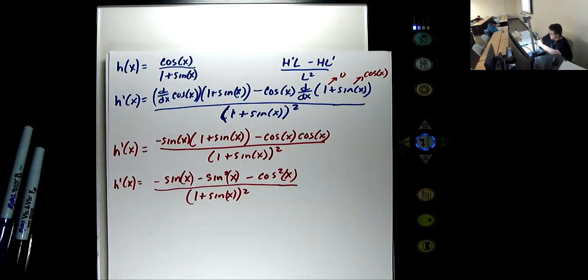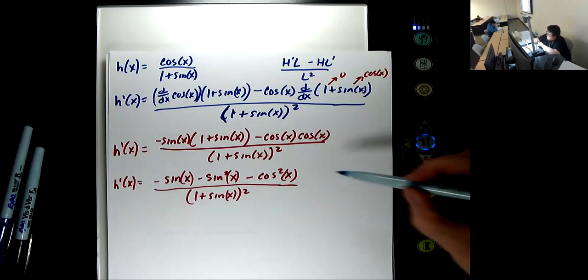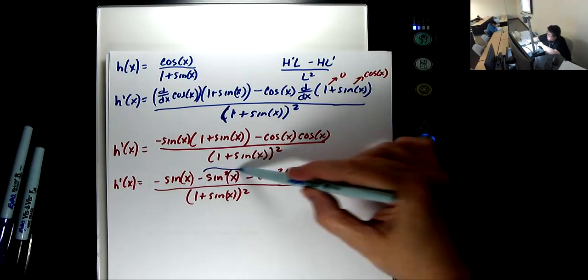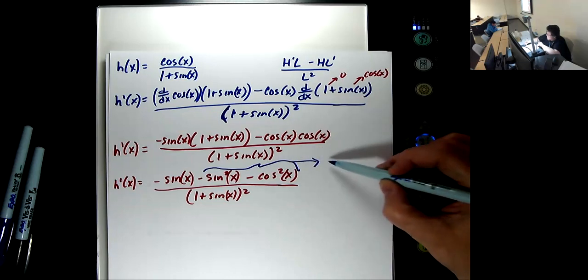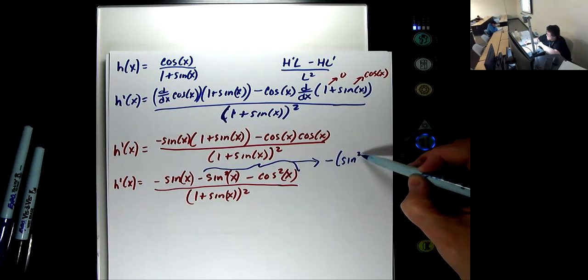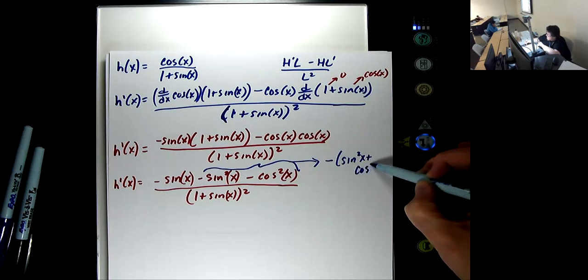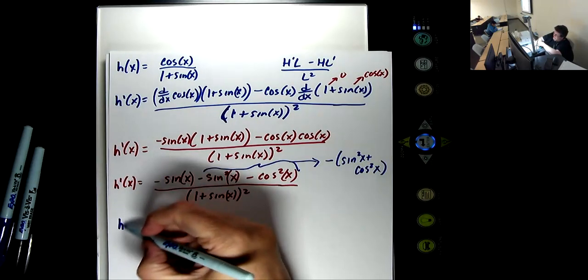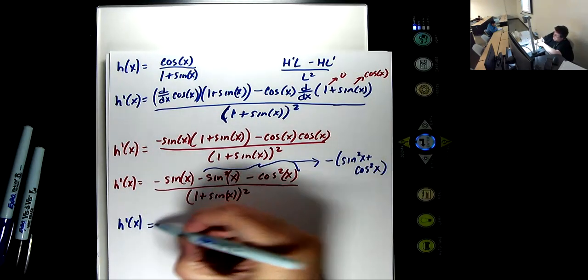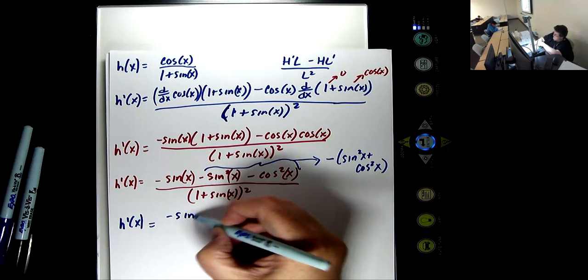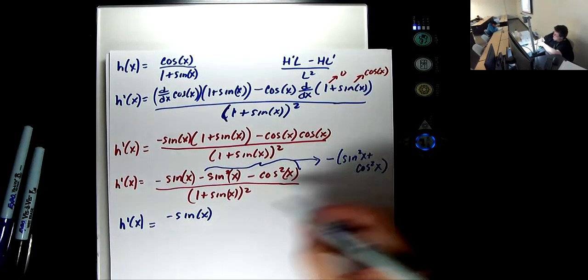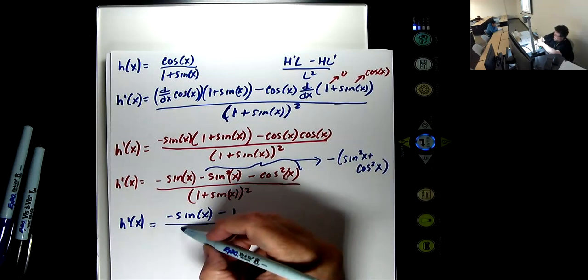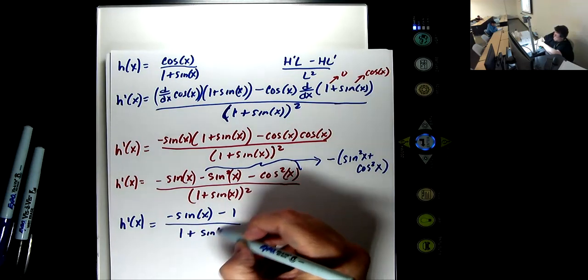This actually cleans up a little bit more. I can factor out of these two. If I factor out the negative, I have sine squared x plus cosine squared x, and we saw that equals 1. So this should simplify to h prime of x equals negative sine x. We got a minus 1 over 1 plus sine x squared.